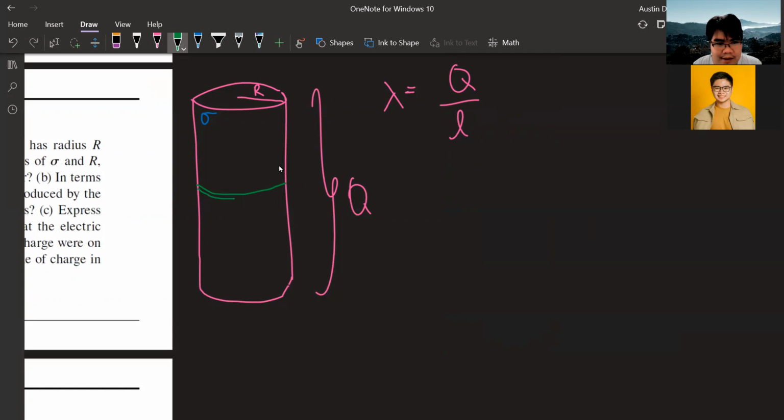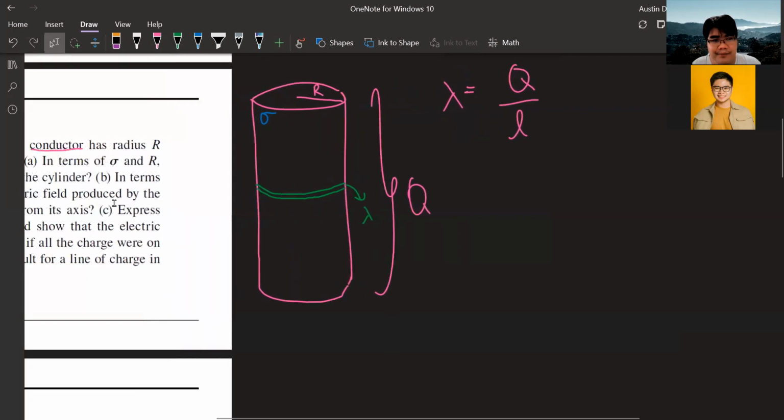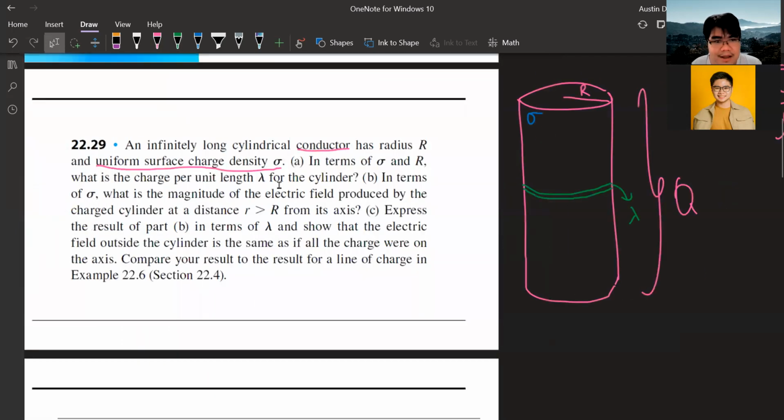That would be this little strip here. Okay? Gets ba kung bakit ayan yung lambda? Kasi yung kabuuan would be Q. Then if you divide it by the length, yung makuha mo would be this strip. Okay? However, tinatanong sa atin, what would be that lambda in terms of sigma and R?